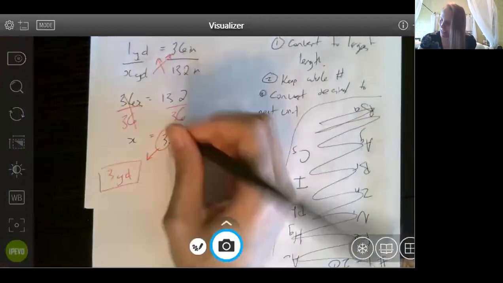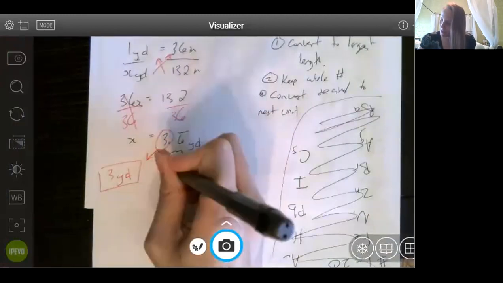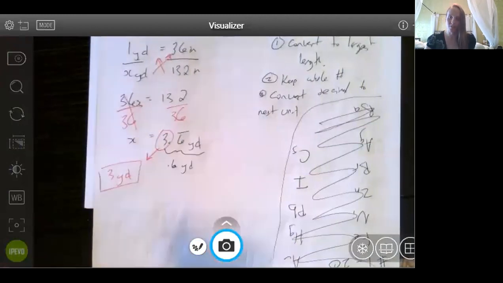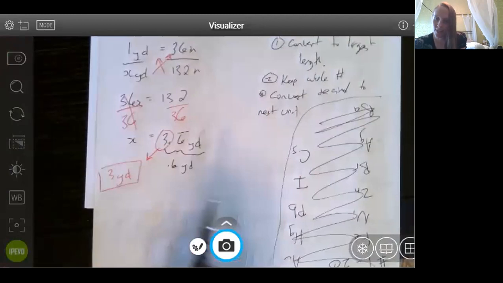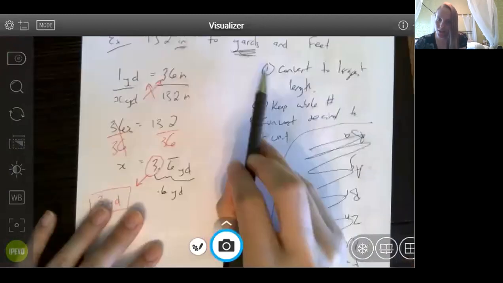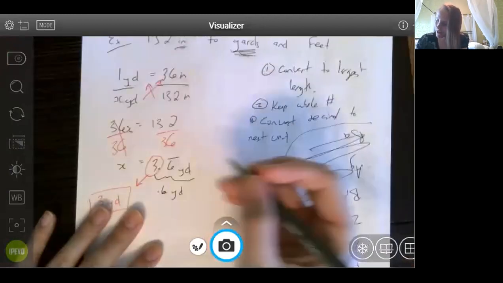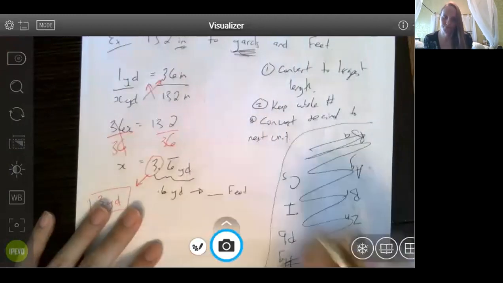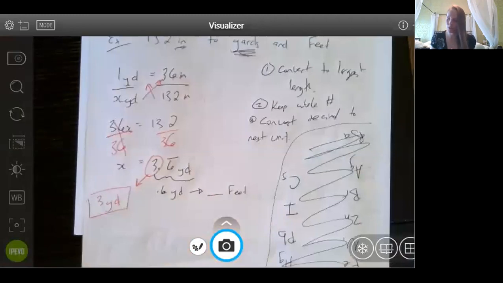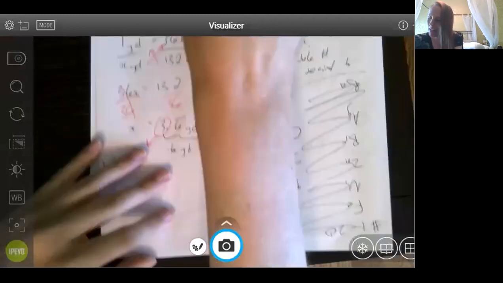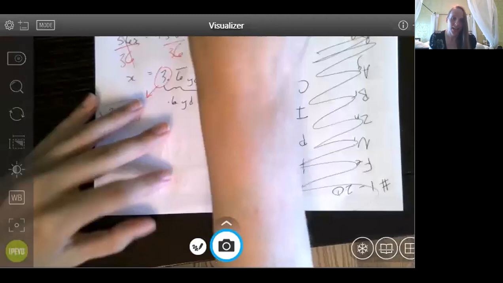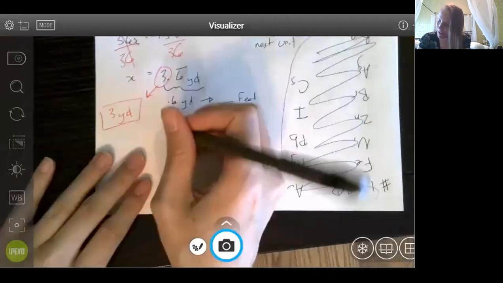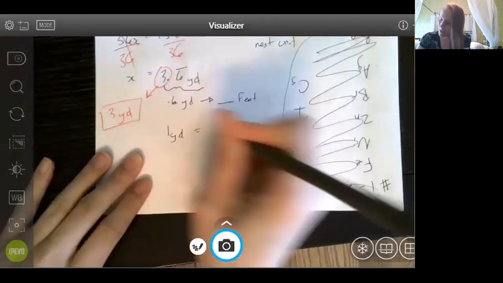This remaining 0.6 yards, I am then going to convert into feet, since I was asked to convert into yards and feet. Once again, in order to do that, I'm going to look at my formula sheet, and on that, I'm going to see that 1 yard is equal to 3 feet.